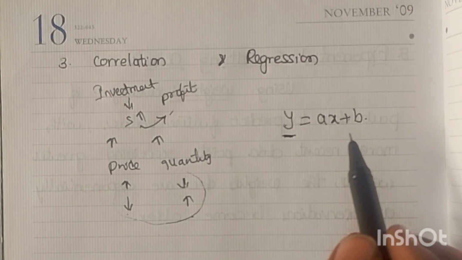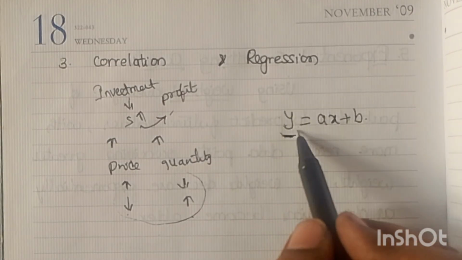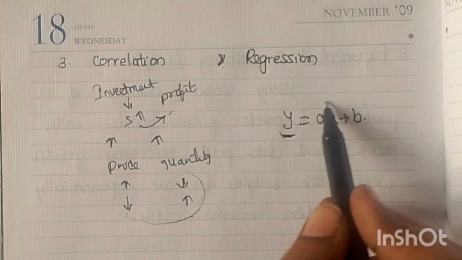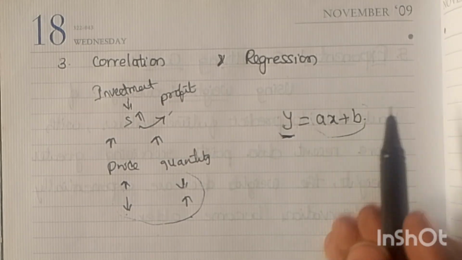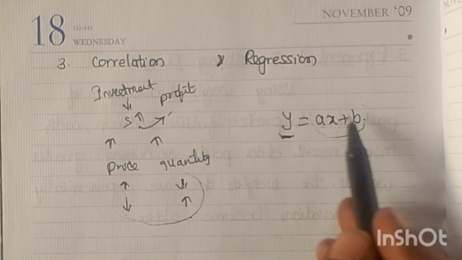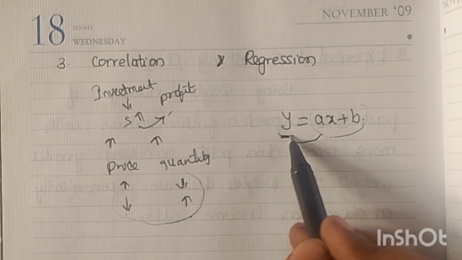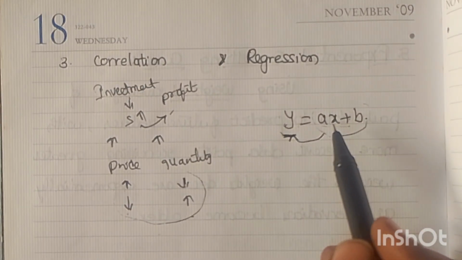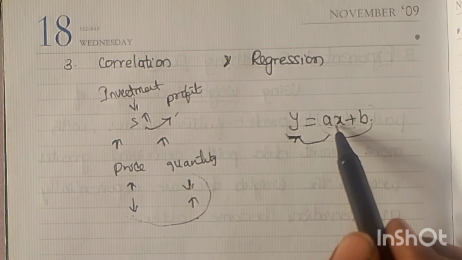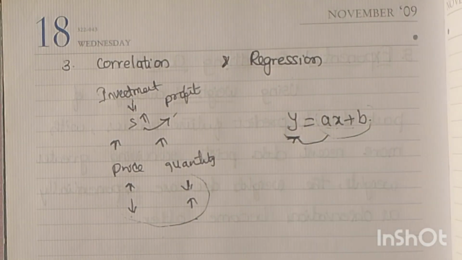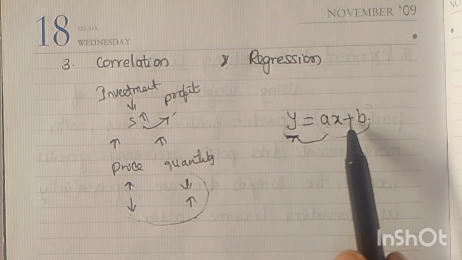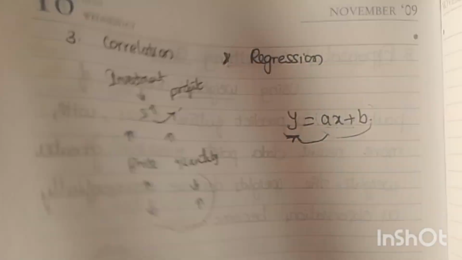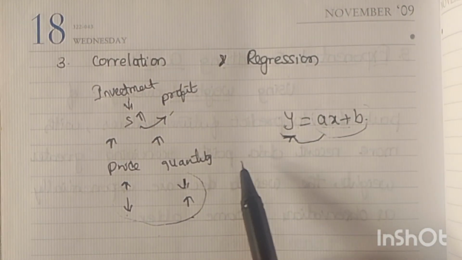Means y is dependent because if we change anything on the right side of the equation, it shows an impact on the left side value. But x does not change according to changes in y. This is a functional relationship in regression. So these are the statistical methods in demand forecasting.